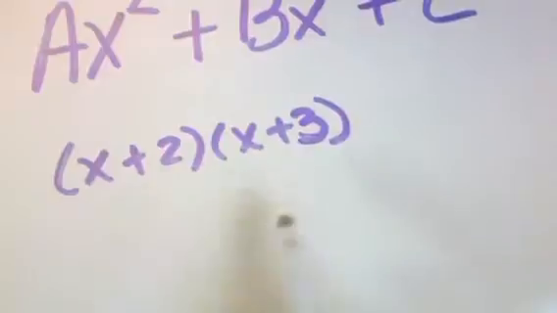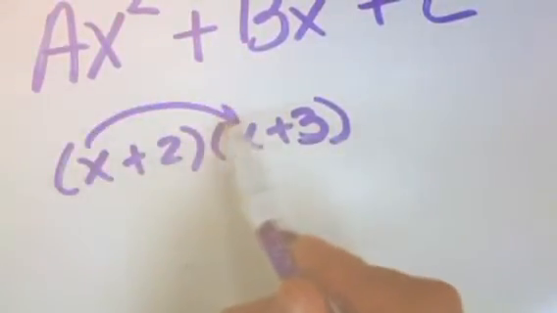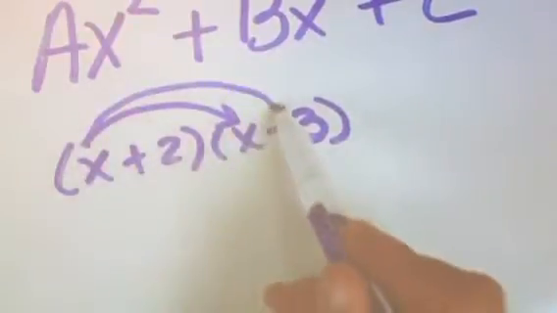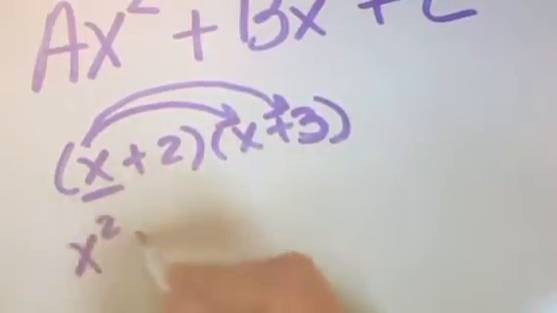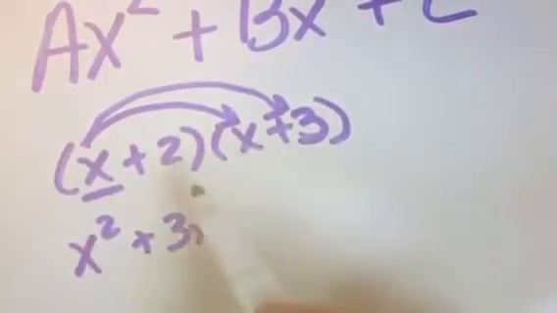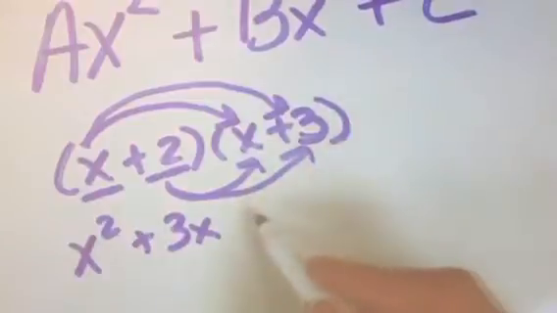We had to distribute twice. We had to multiply the x times the x, times the positive 3. So that's distributing the first term and everything in the parentheses. So that's x squared plus 3x. Then we had to multiply the second term, positive 2 times x, and positive 2 times positive 3.